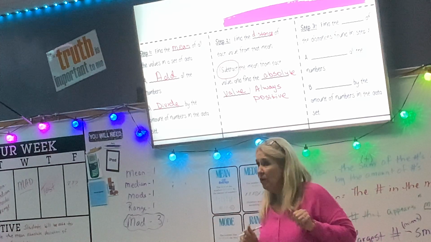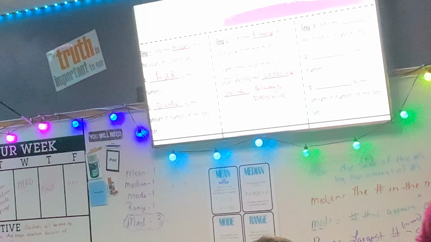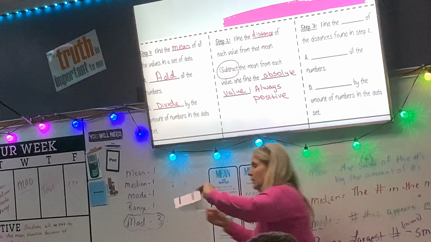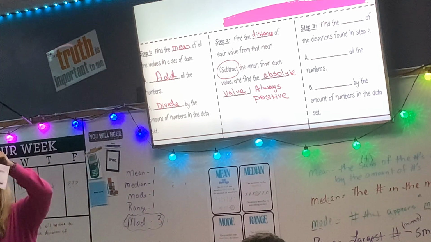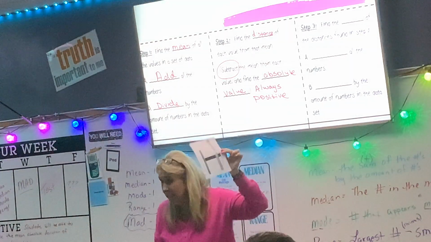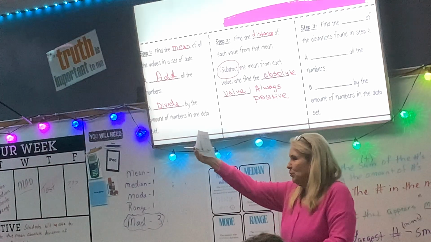Okay, so look how simple this is. Tomorrow on your test, you're going to have your normal, I got it, maybe, or I have no clue, which there should be no I have no clue, since more than half of your test is 6th grade TEKS. Okay? On the back, I made you cute charts.